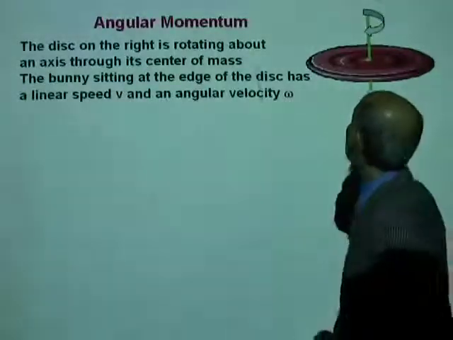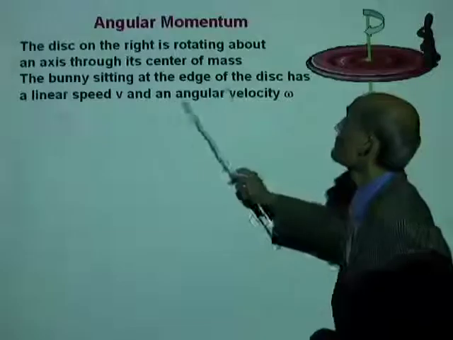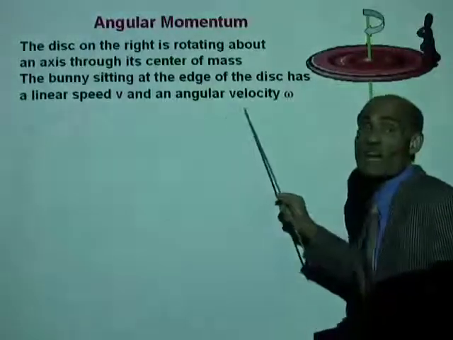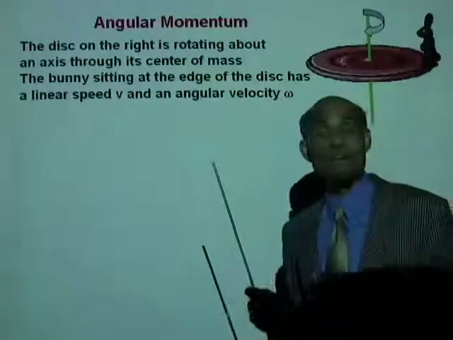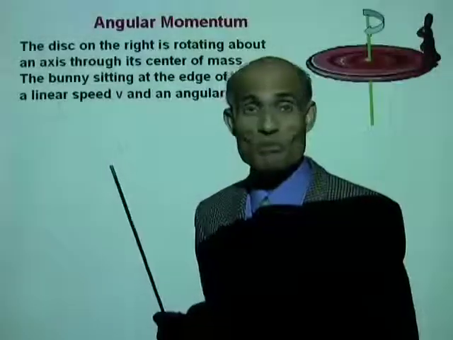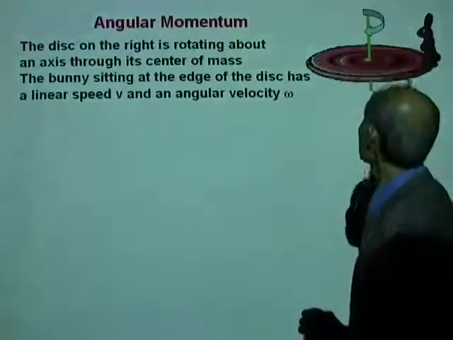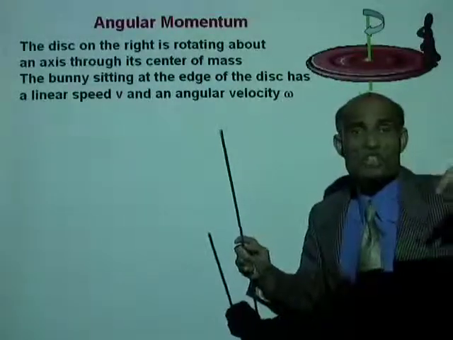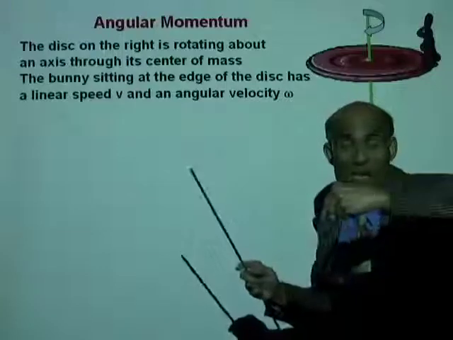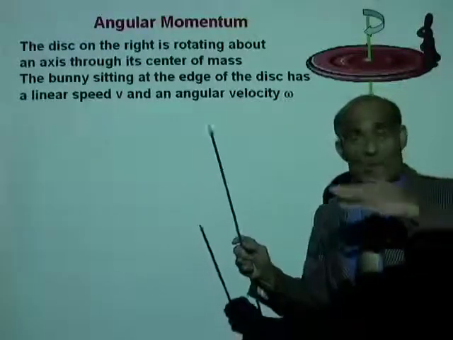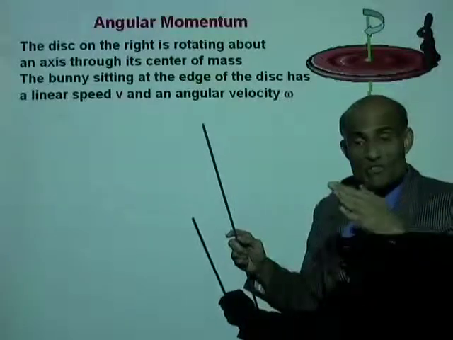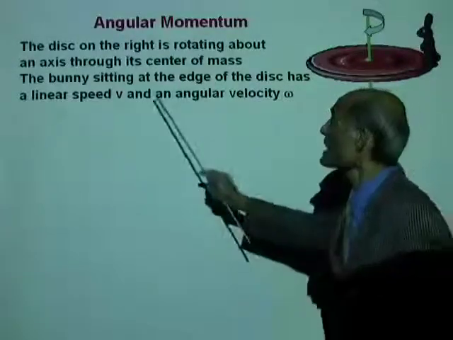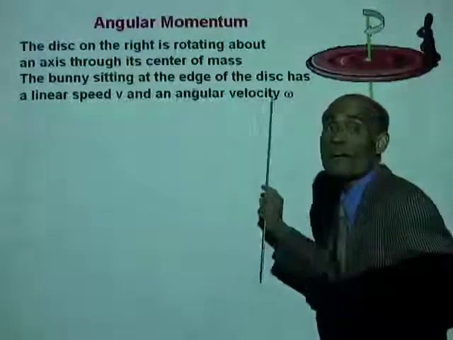The bunny is sitting at the edge of the disk, has a linear speed v and an angular velocity omega. Is that right? No problem there? It's got a linear speed v, meaning it describes a certain distance in a certain time, and it has an angular velocity omega. The radius describes an angle during the same time. What is the relation between v and omega?